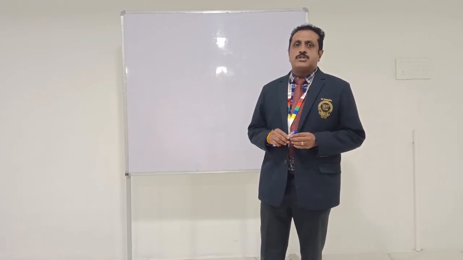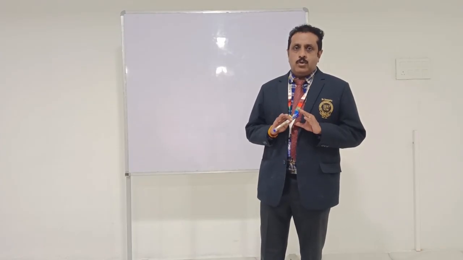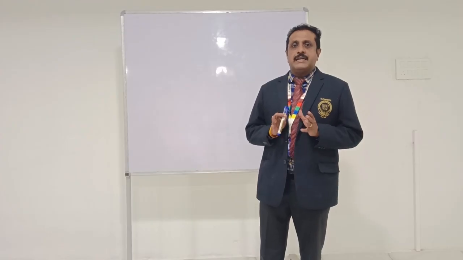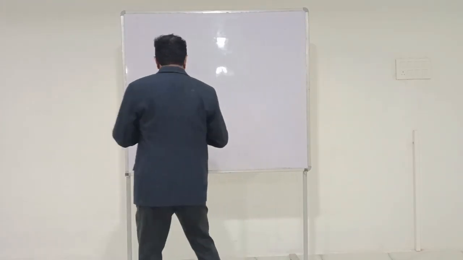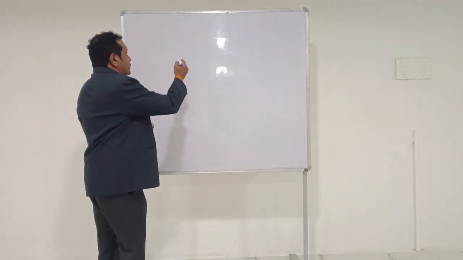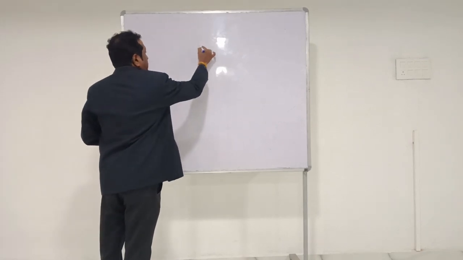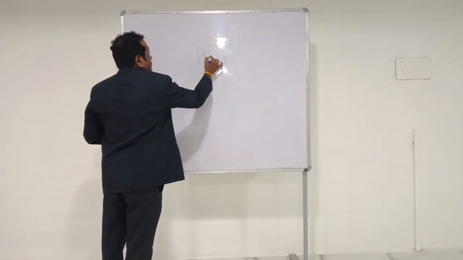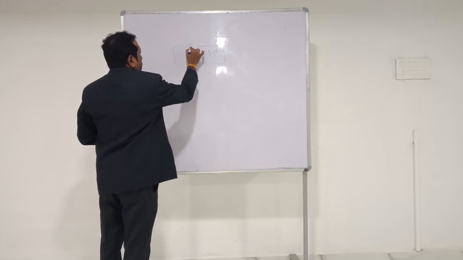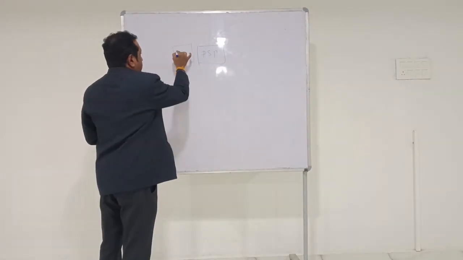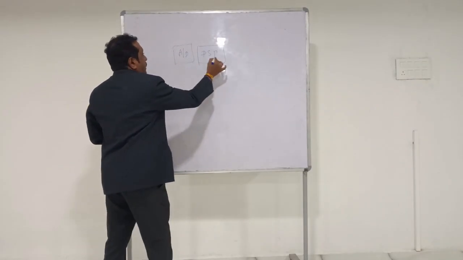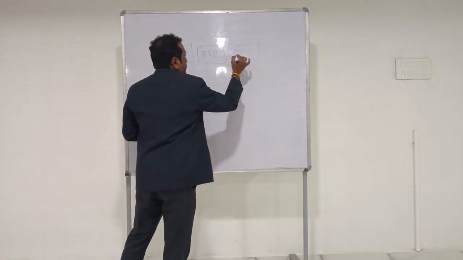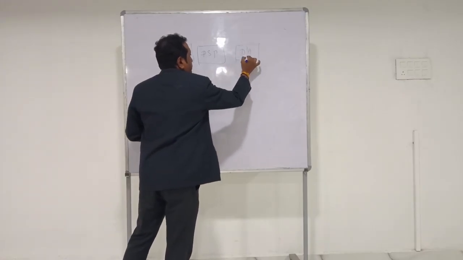Before going to this topic, we are supposed to know what are the blocks inside the DSP. So let me start from the DSP introduction. We have the DSP processor here. At the front of the DSP processor, we have the A to D converter, and on the output side we have the D to A converter.